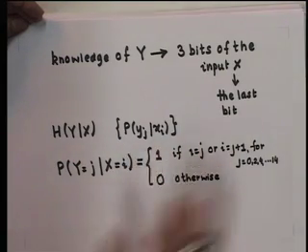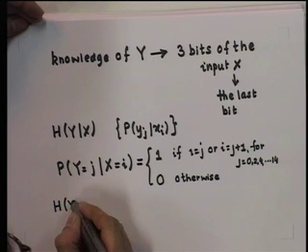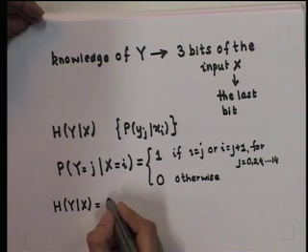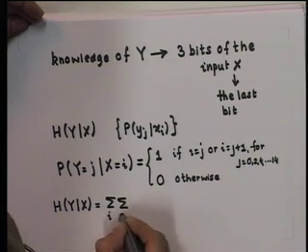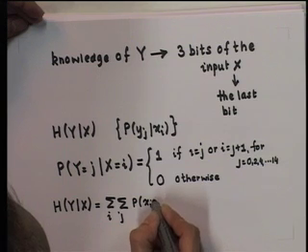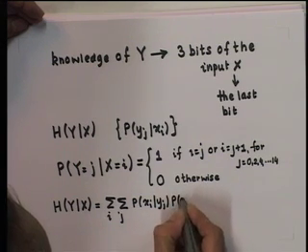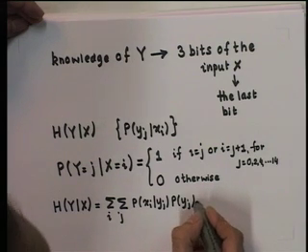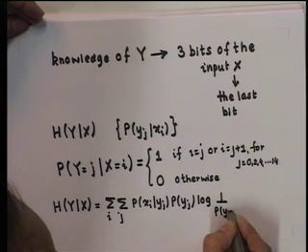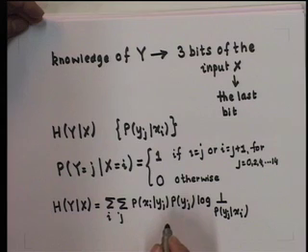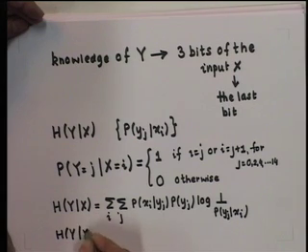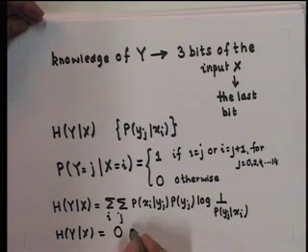Now, if we substitute these values into the expression for H(Y|X), which is the double summation over i, j of probability of x_i, y_j times log of 1 over probability of y_j given x_i, then we find that H(Y|X) is equal to 0 bits.